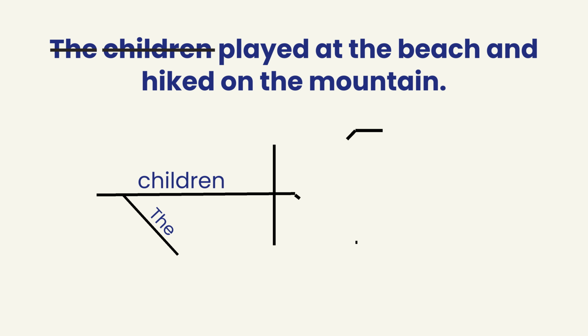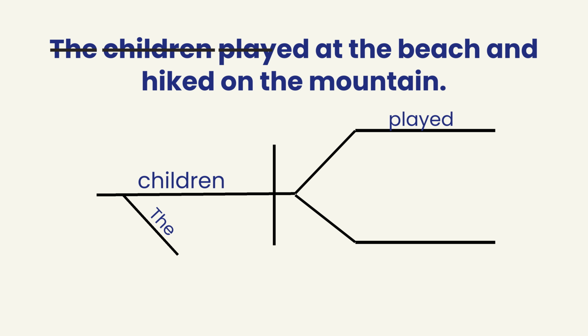We draw a pencil-like structure for the compound predicate as we did with the compound subject, this time facing right. We place the first verb played on the horizontal line above, and then the second verb hiked on the horizontal line below. Now, since our verbs have their modifiers, they will be placed right below the words they modify.